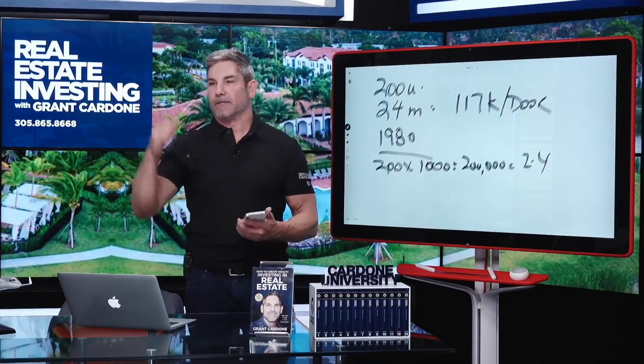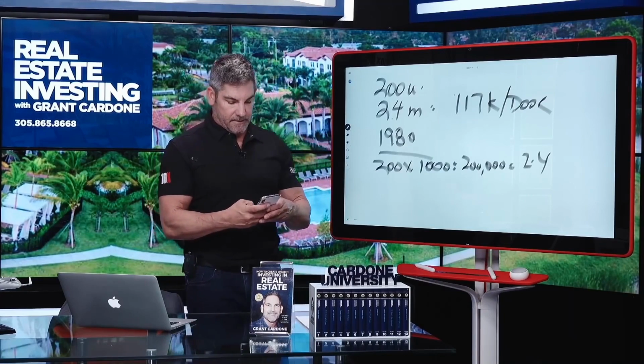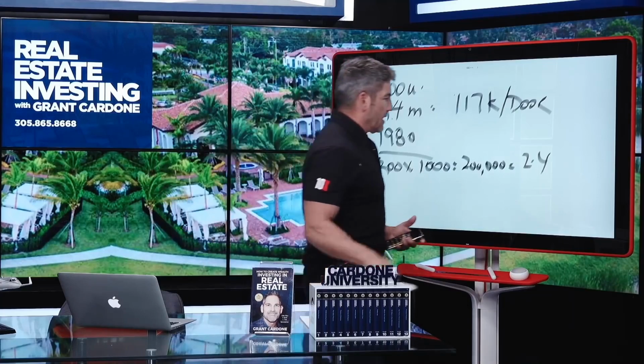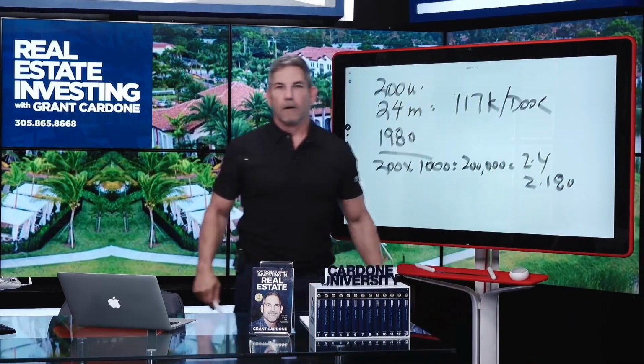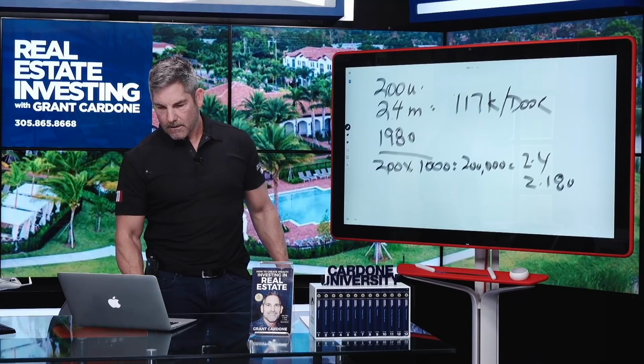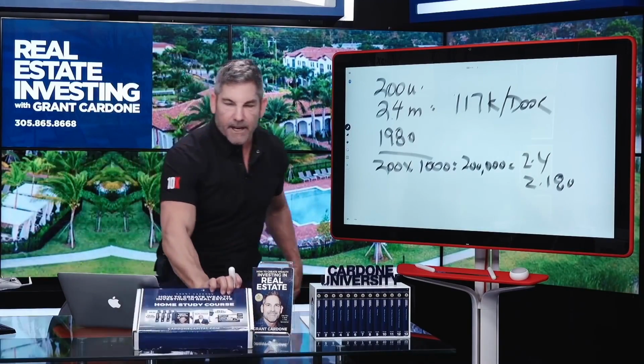I'm just going to do the math on this thing. Let's see how close I get. $2.4 million a year. What was the income last year? The income was pretty much the same. I don't have the OM in front of me, but it was rehabbed all of last year.